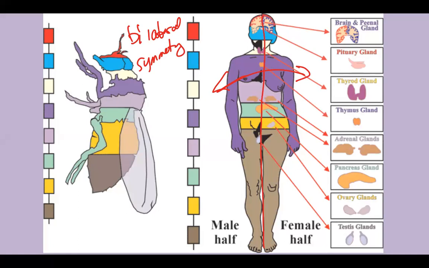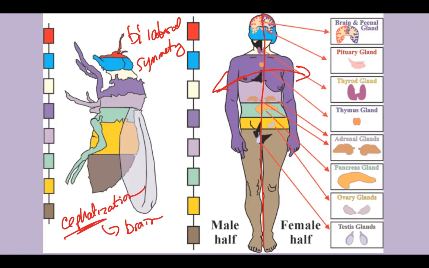That's called bilateral symmetry. Why it's really important is that when the animal kingdom was evolving, bilateral symmetry allowed for something called cephalization to occur. Cephal means brain, so cephalization is basically the process of brain development.